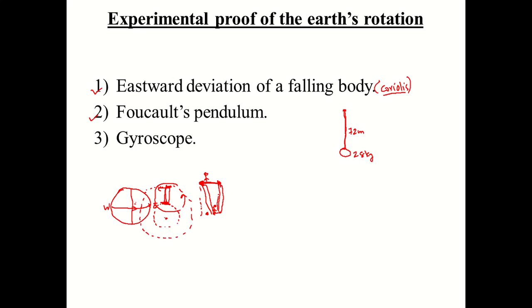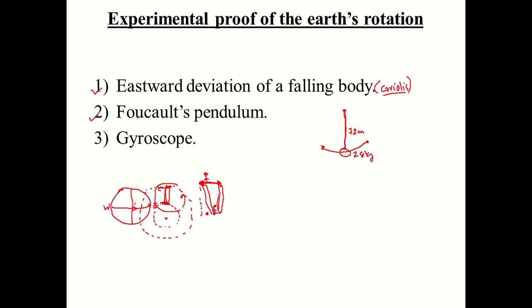When this pendulum is allowed to swing, you know that every simple pendulum will have a movement like this. It is oscillating between these maximum amplitudes, and here we will have a plane of oscillation.